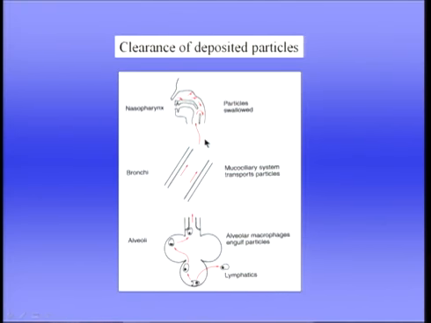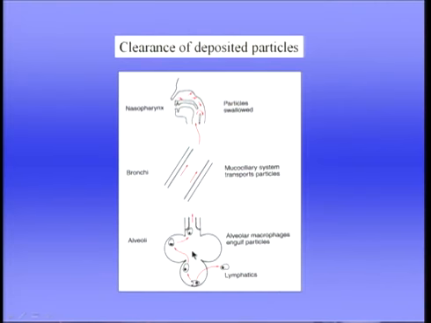Once they're in the GI tract, we can forget about them. But in the respiratory region of the lung, there is no mucus, no cilia, and here we need a different mechanism, and that's the alveolar macrophages, which are roaming around the alveoli and engulf the particles.